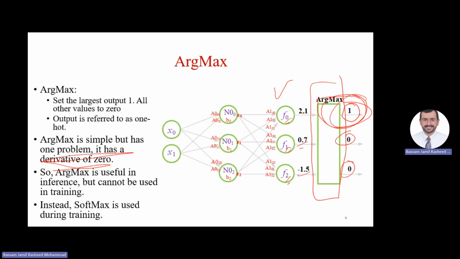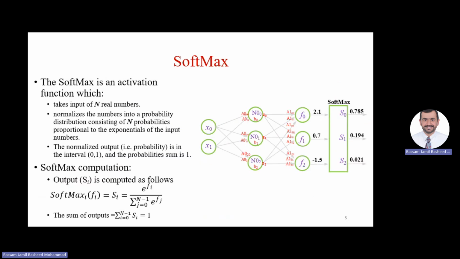So now we use the softmax. And the softmax is a beautiful function. Here is what it does. We apply these numbers to a softmax layer, which is this one here. Again, you can think of it as an activation function.